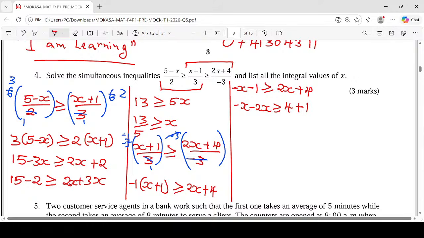Negative x minus 2x will be negative 3x, which is greater than or equal to 5. Dividing through by negative 3, now remember, take this note: whenever you divide by a negative, the inequality symbol is going to change. So negative 3x over negative 3 being greater than or equal to 5 over negative 3, I've divided through by a negative, so my answer is x is less than or equal to negative 5 over 3.